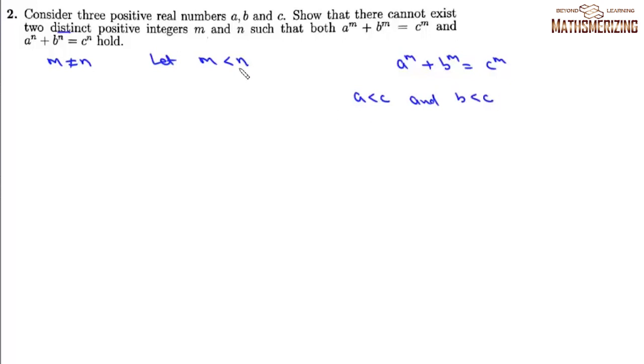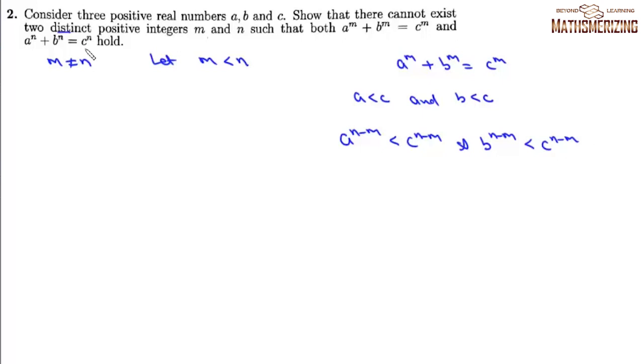Now since n is greater than m, if we take the power n minus m, we can say a to the power n minus m will be less than c to the power n minus m, and b to the power n minus m will be less than c to the power n minus m.